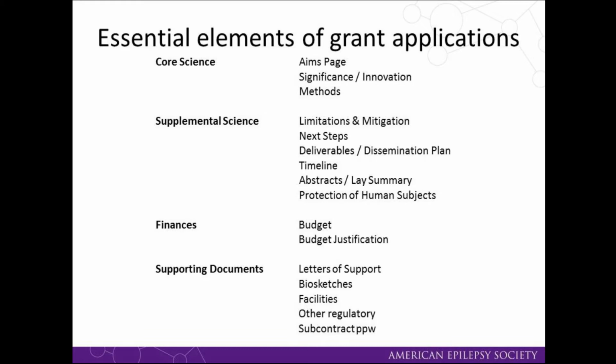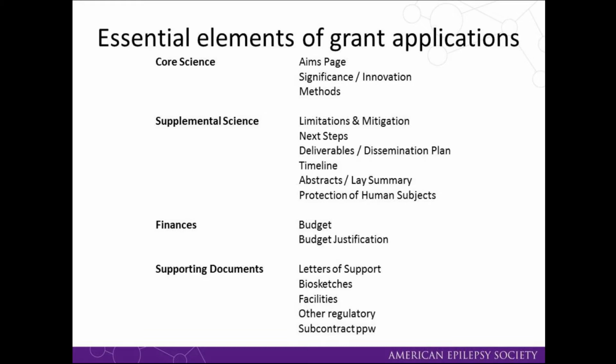Every science project has the potential to fail, and it's better to be upfront about that and to go ahead and say, here are the ways that this could not succeed. And then the nice thing about that for reviewers is if you then follow that well with some text explaining what you're going to do if it doesn't work. So, I'm going to do analysis of this piece of data, but if it doesn't work, I can do a similar analysis on this other piece of data, et cetera.